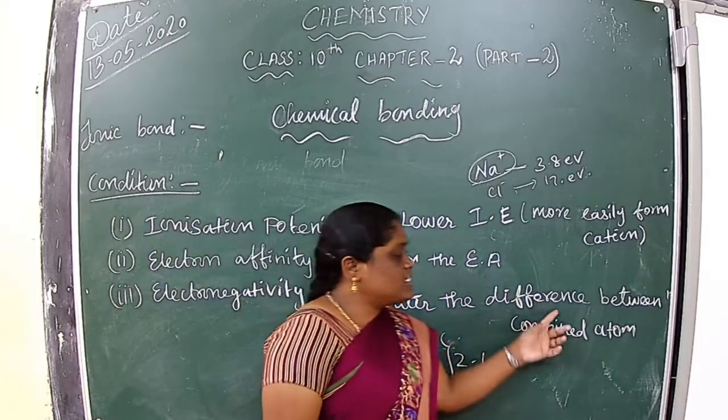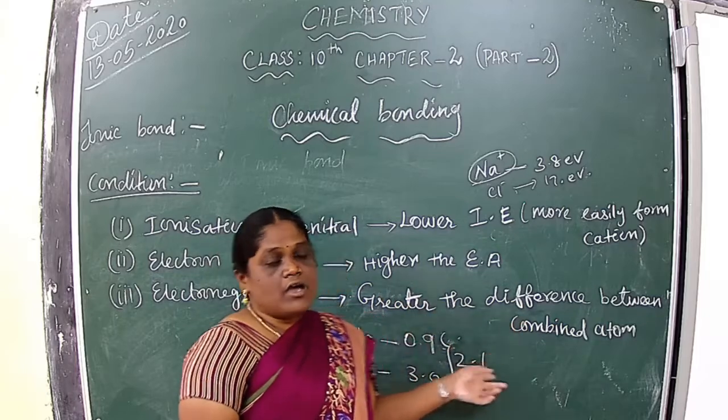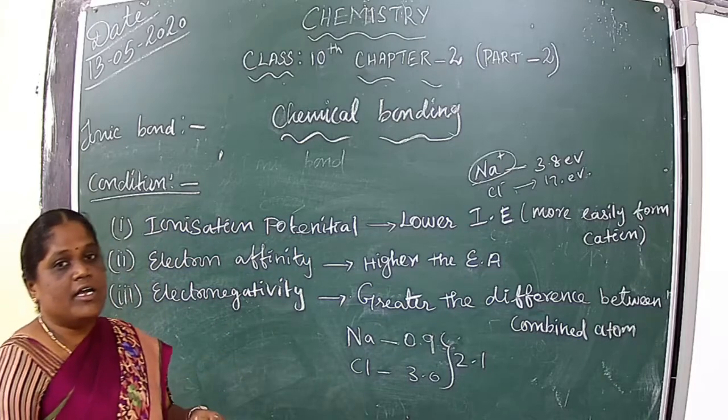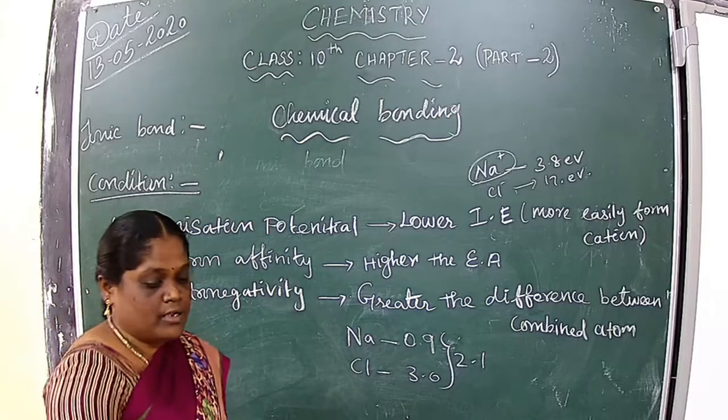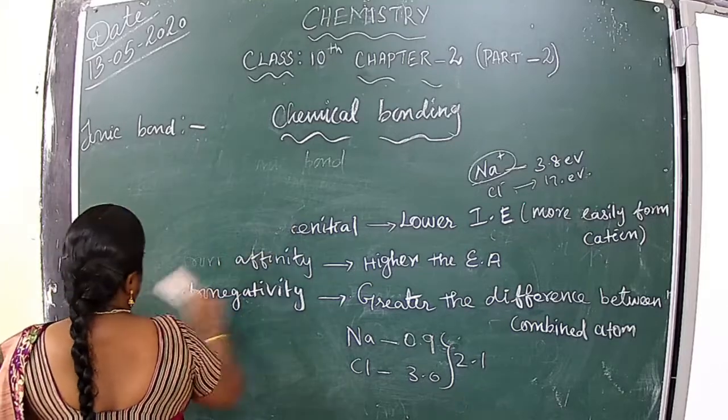For electronegativity, the greater the difference between the combined atoms, the more formation of an ionic bond. These are the three conditions for formation of an ionic bond. The last one is the strength of ionic bond.